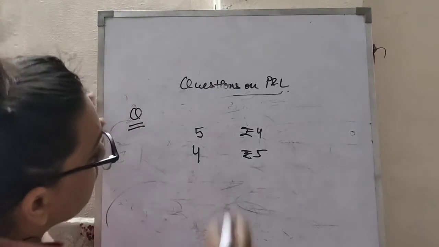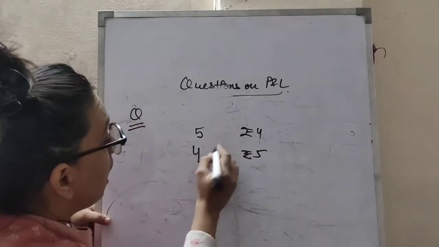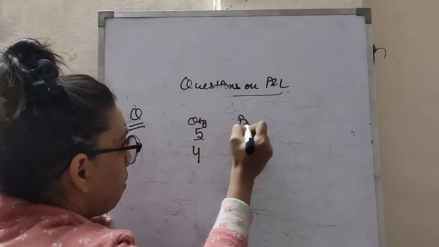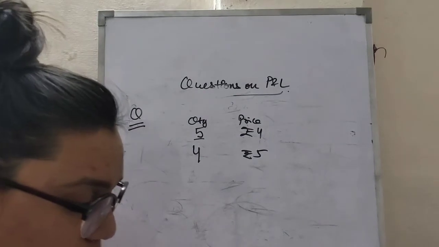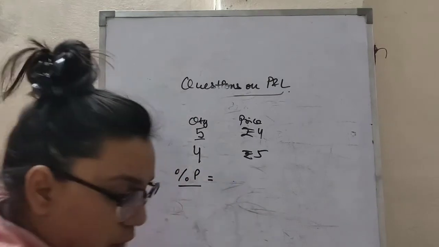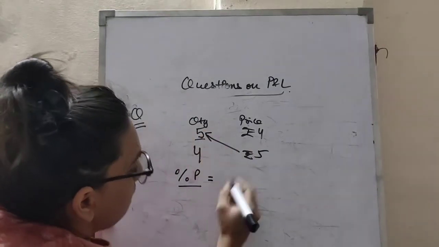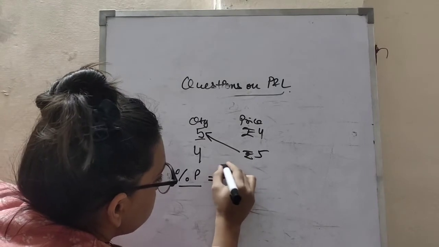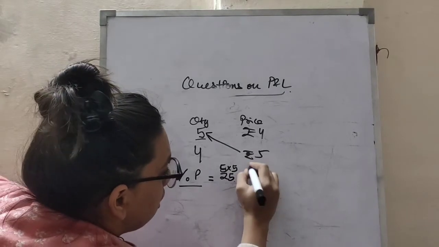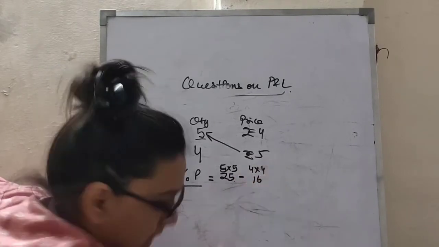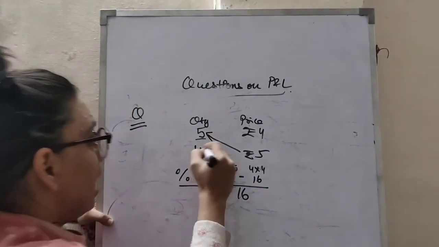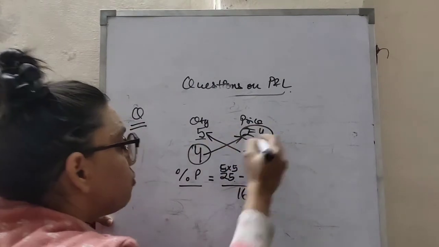What you have to do, see, first of all, this is your quantity and this is your price. Okay, so in order to calculate profit percentage, the formula says multiplying these, that is 5 into 5, 25, then subtracting 4 into 4, that is 16, this is the difference, and then dividing it by 16, that is 4 into 4.